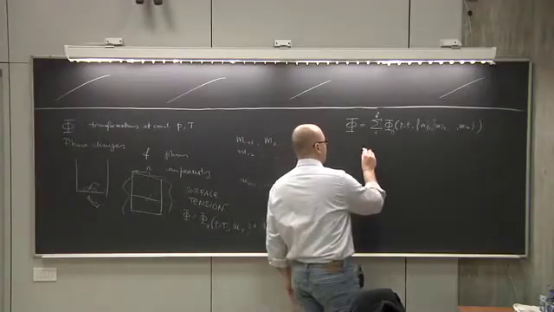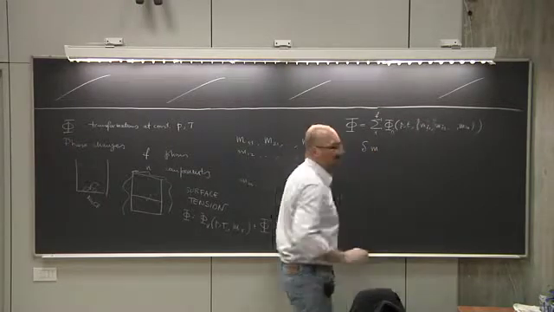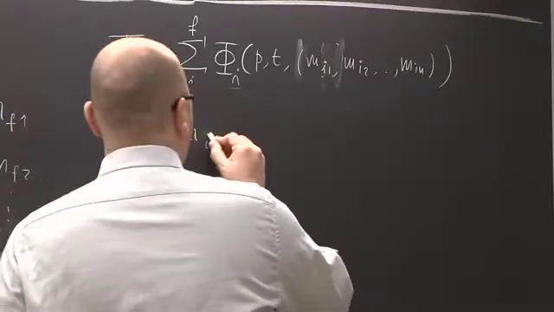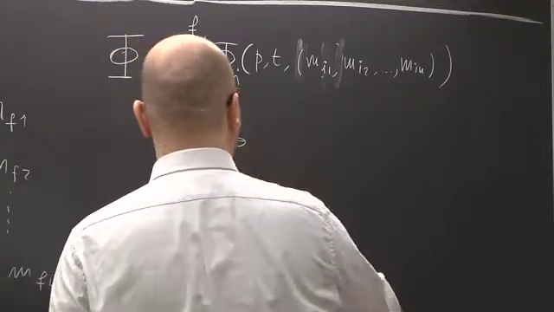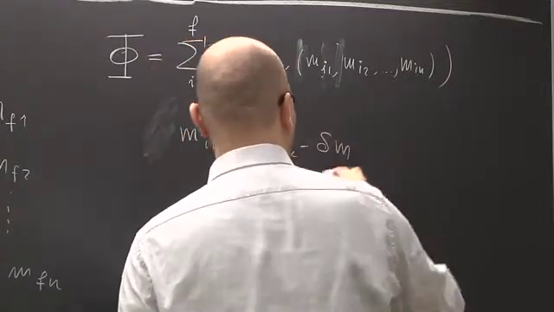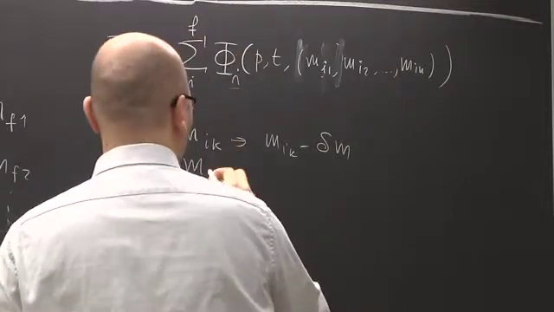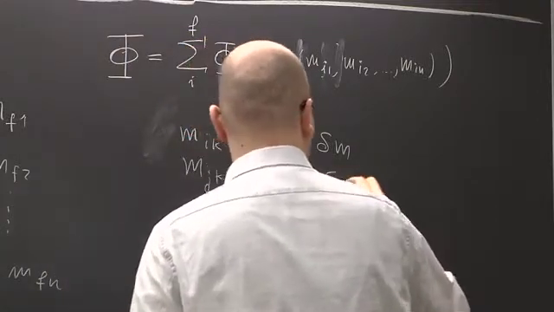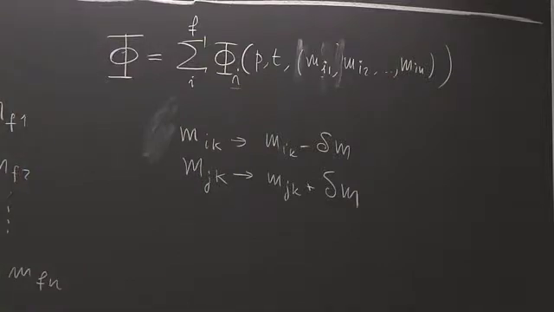So this means that there is a transformation in which some mass of the component K goes from phase I, so MIK goes to MIK minus delta M, and the same component K goes in a phase J. Okay, in this case, for example, we have mass of liquid decreases a little bit, but the mass of vapor has to increase of the same amount.